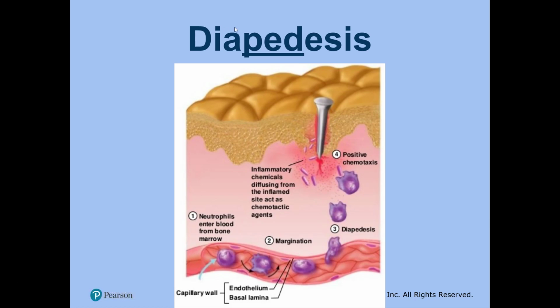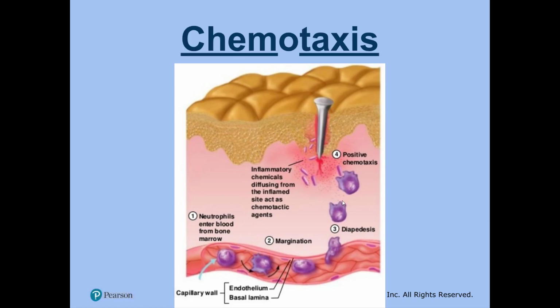How I remember diapedesis is I see the word ped, and ped you could think of like pedal or your feet, like pedestrian, they walk with their feet. So diapedesis, I think of feet because the white blood cells are walking towards the site of inflammation.